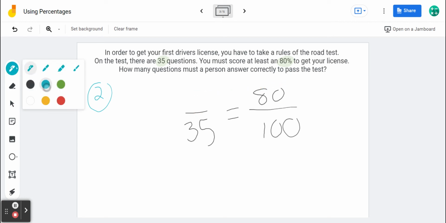So again, like ratios, we have to figure out how do I go from 100 to 35? Well, we can divide the two.